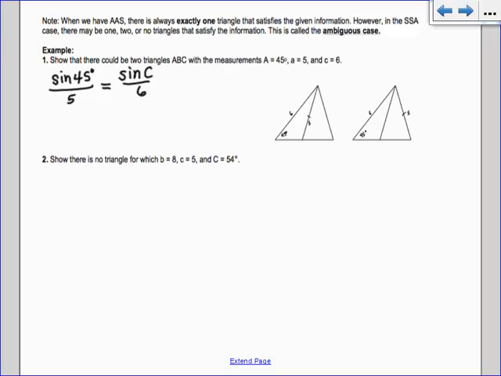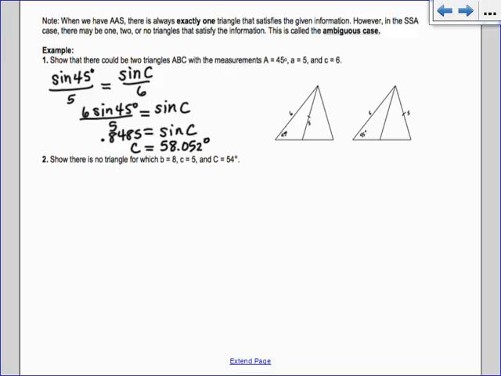Cross multiplying, we get 6 sine of 45 equals 5 sine of C, so I divide by the 5. So sine of C equals 0.8485. Then I do my inverse sine, so C equals 58.052. But we have a problem.